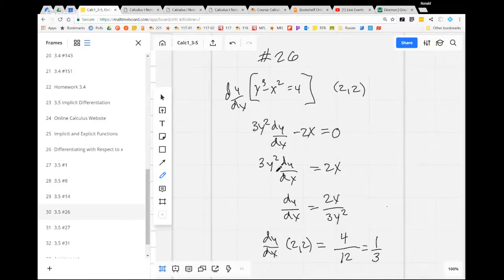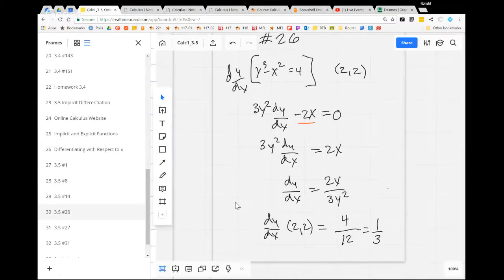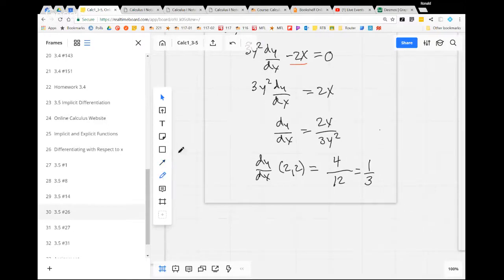Get rid of the non-dy dx term. This one right here, add it to both sides. And then, you want to get rid of the 3y squared, divide both sides by 3y squared. So here is our derivative. Now, what's the derivative?